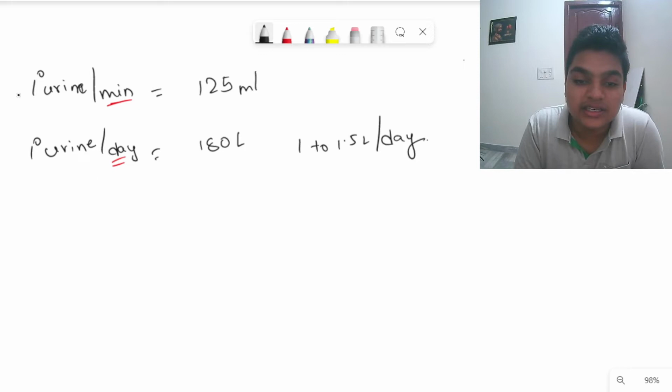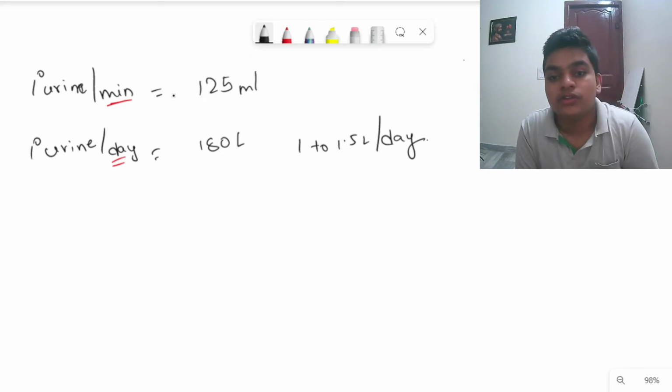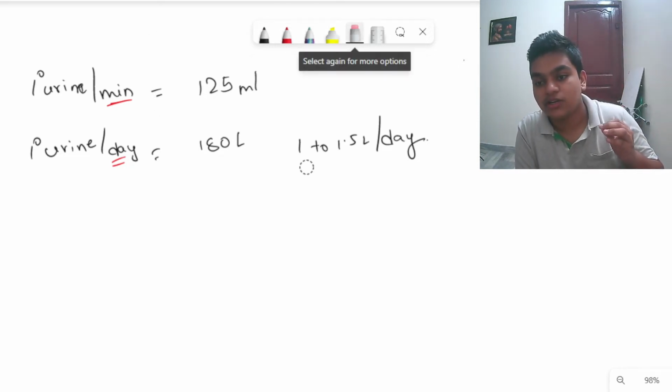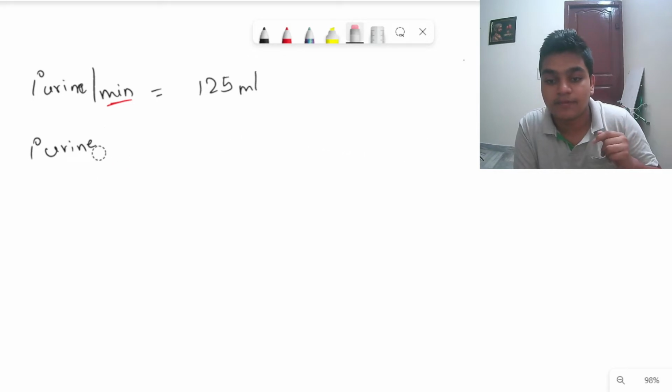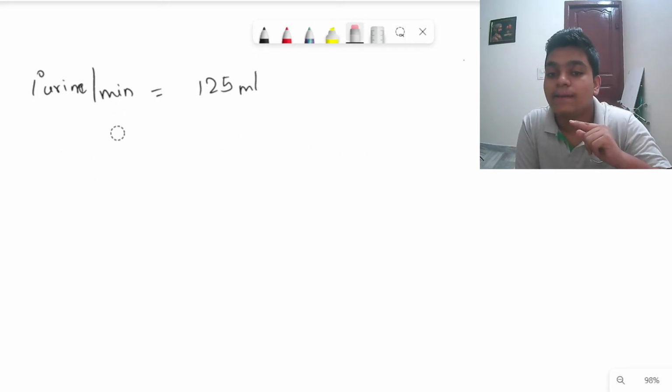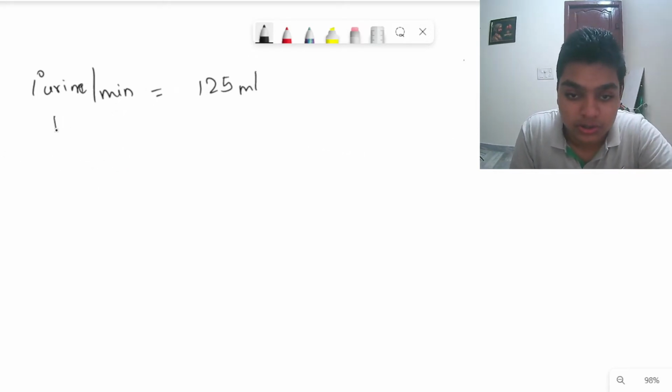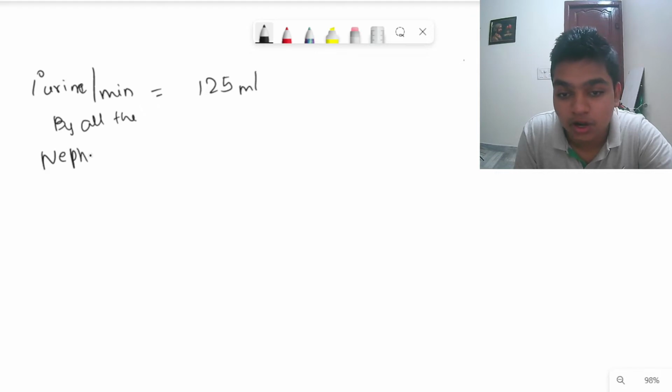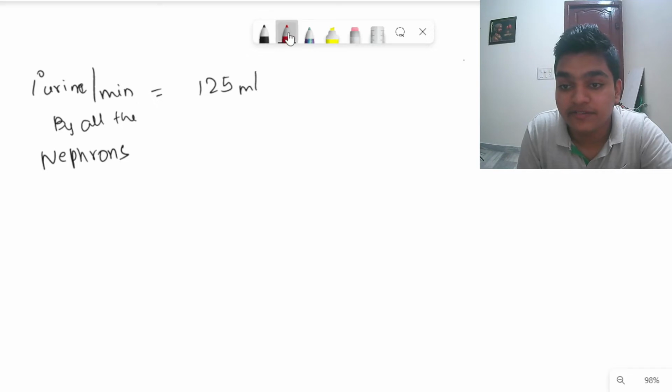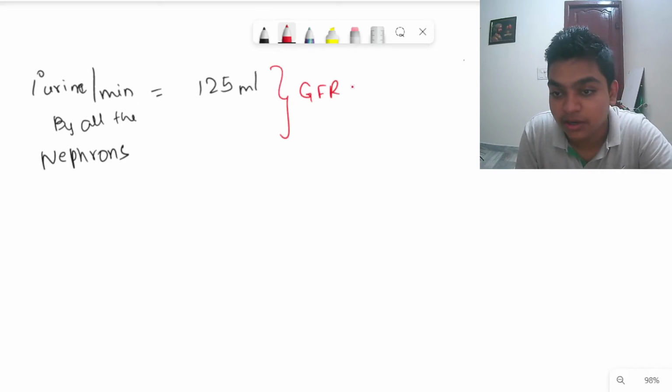Now what is this called? The amount of primary urine formed per minute by all the nephrons, not one nephron guys, by all the nephrons, is 125 ml, and this is called GFR.